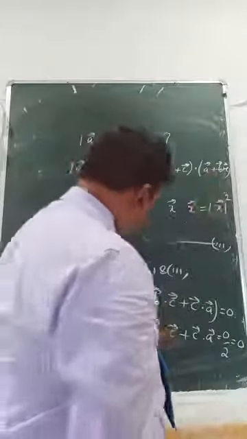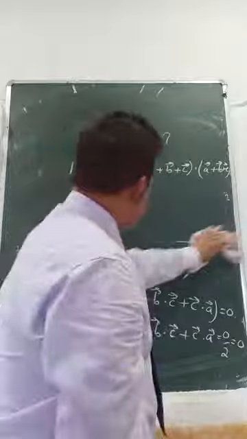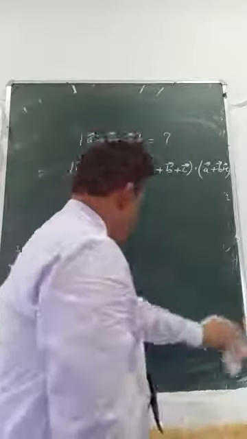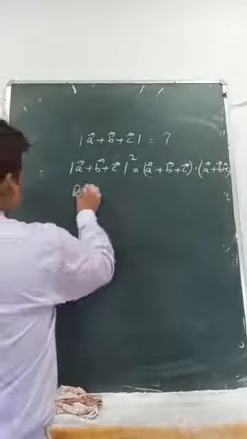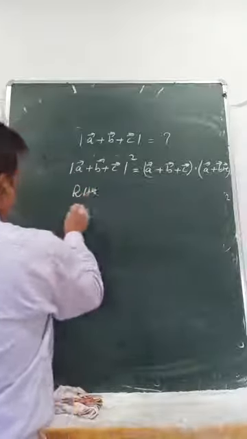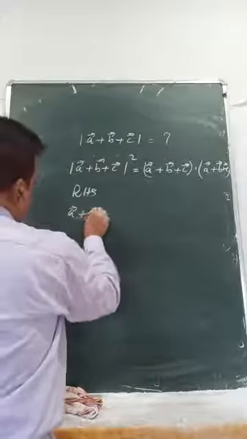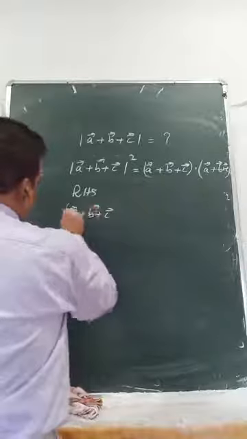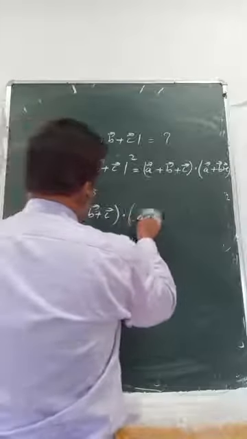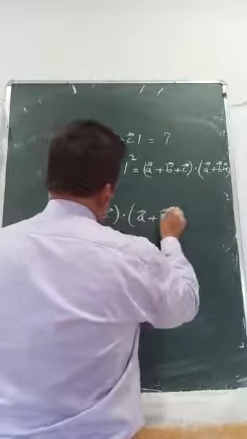So let's go to the right hand side. How much are you going to get? RHS, that is (A plus B plus C) dot (A plus B plus C).